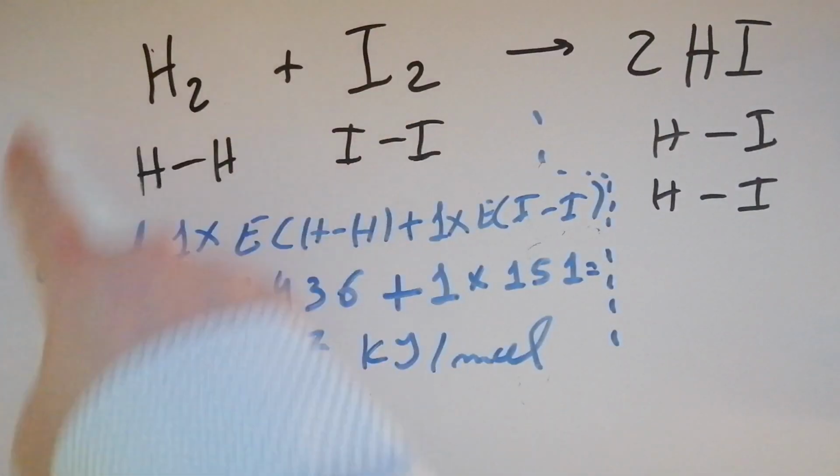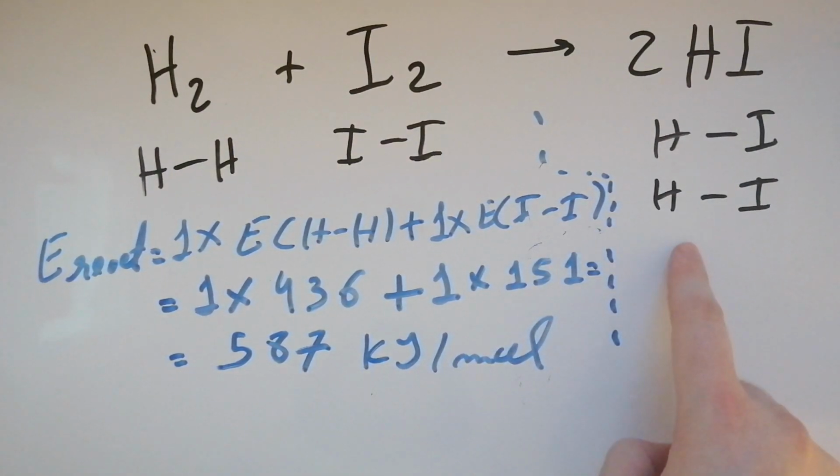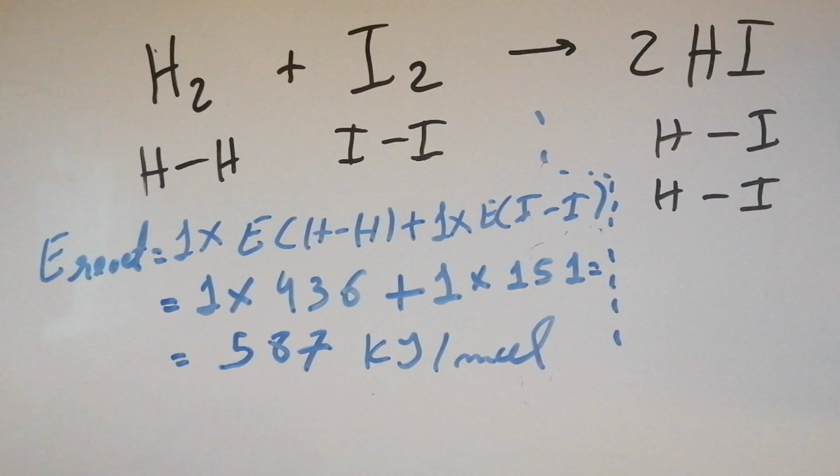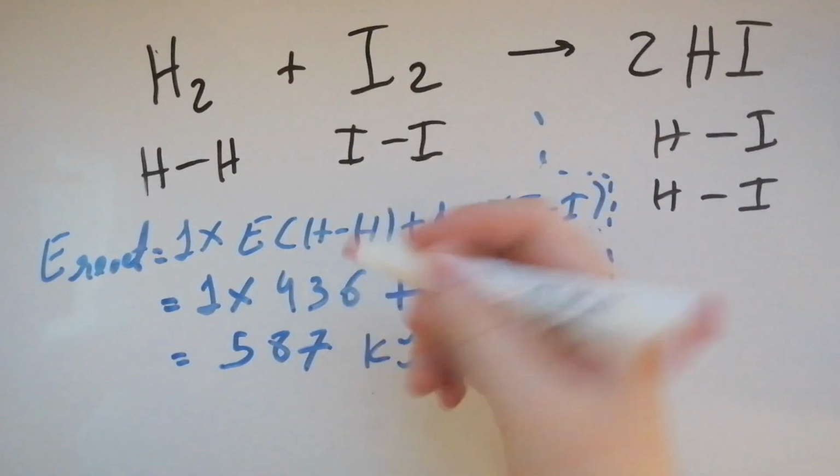But in order to calculate the energy of our reaction, we need to calculate the energy of the products. So the energy of the products I will calculate with the red pen.